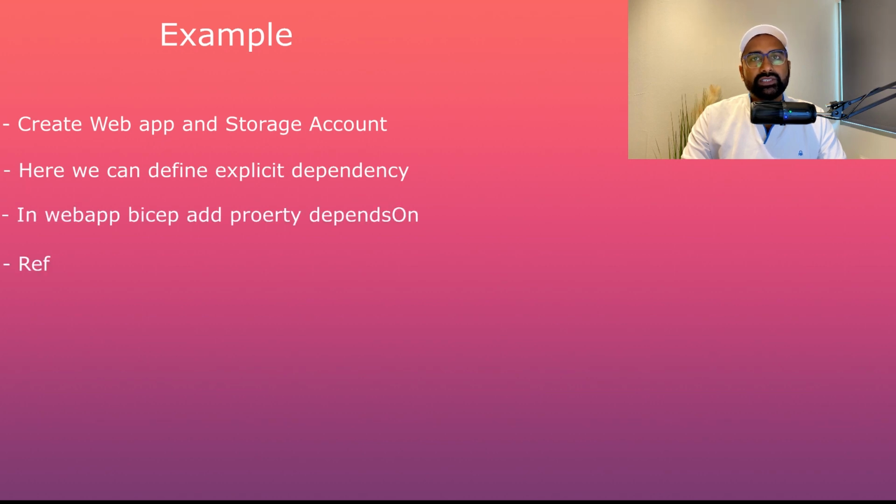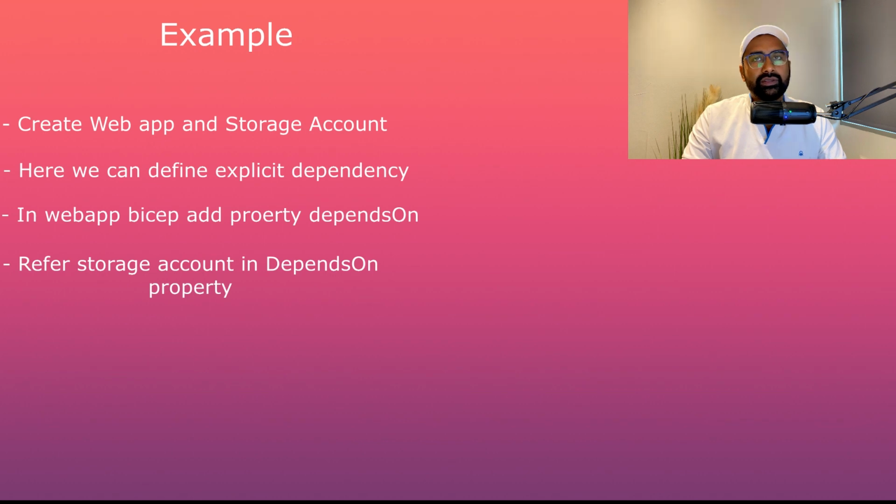These two resources are independent of each other, but in the web app you also want to enable application insights, and that requires the storage account. It means that before creating the web app, you need to make sure the storage account is created. So in this case, we need to define the explicit dependency in the web app, and we can do that with the help of dependsOn.